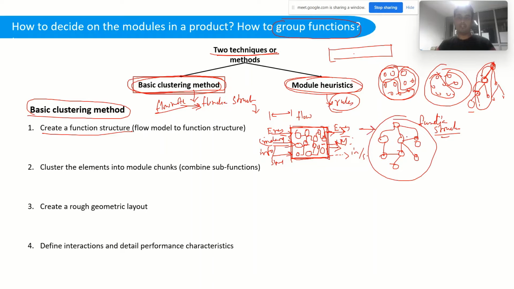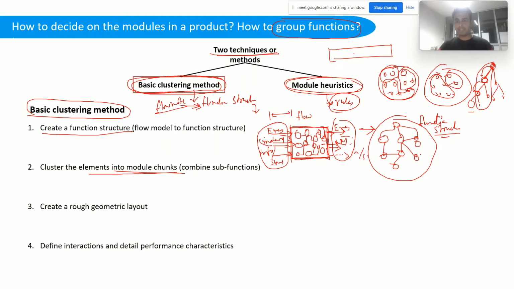After we come up with a function structure, we try to cluster various elements based on how they are related, how they establish the relationship with respect to the input and output flows.